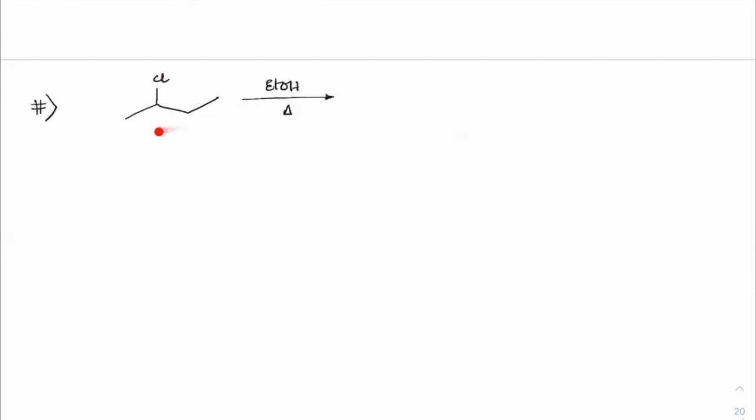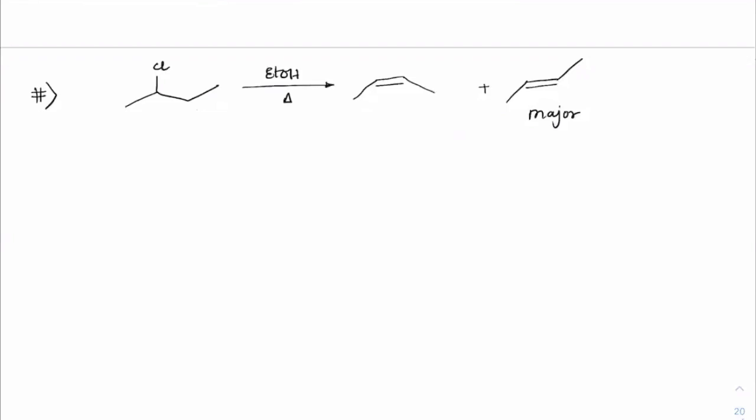Now look over this. Suppose you come across this molecule, and we know that the major product which you will get is this one. But within this, we can have cis and trans also, right? Within the major, I can have cis and trans as well. Between those also, the major product will be trans, because of the energy difference.